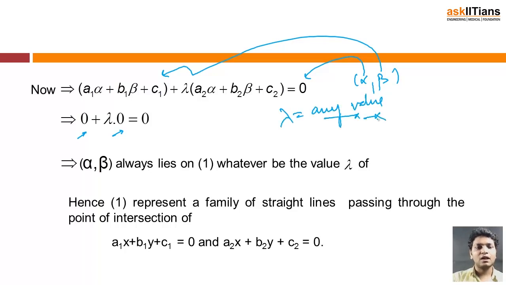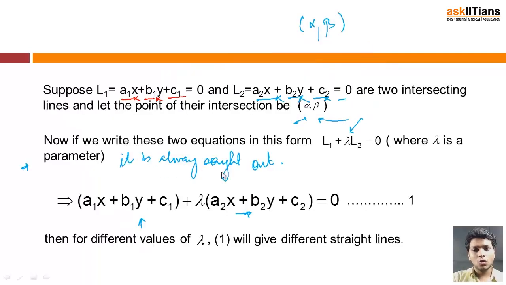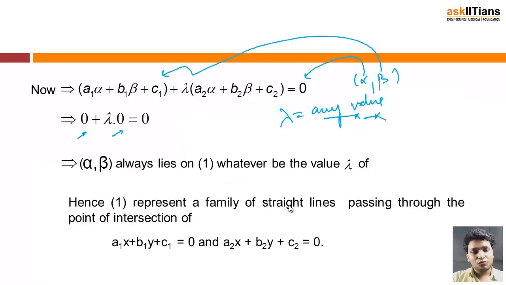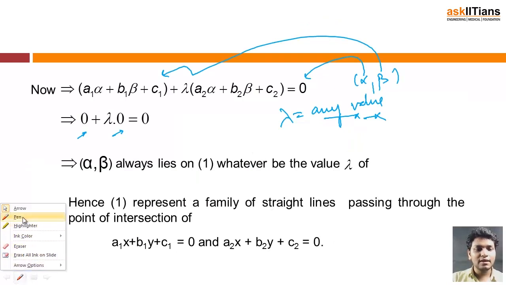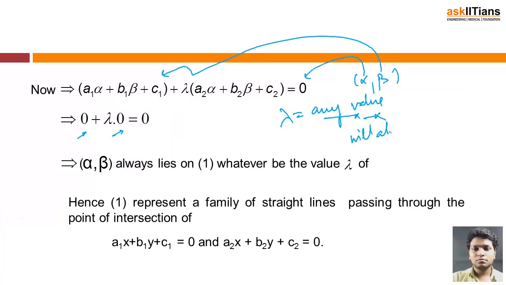And alpha beta will always lie on this line, which is a fact and a proof that any line containing lambda will always pass through alpha comma beta, independent of the value of lambda.